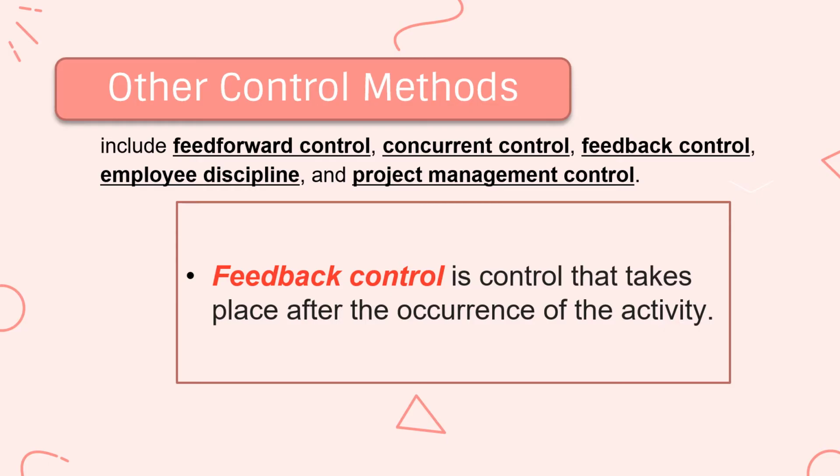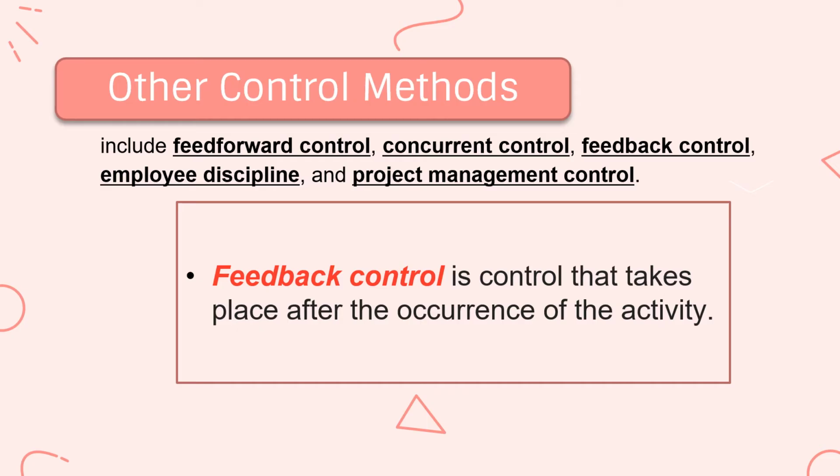Next one is feedback control. So, it is a control that takes place after the occurrence of the activity. So, after nung certain activity, humihingi kayo ng feedback kung ano yung nangyari dun sa activity na yon, kung ano yung comments or yung suggestions.